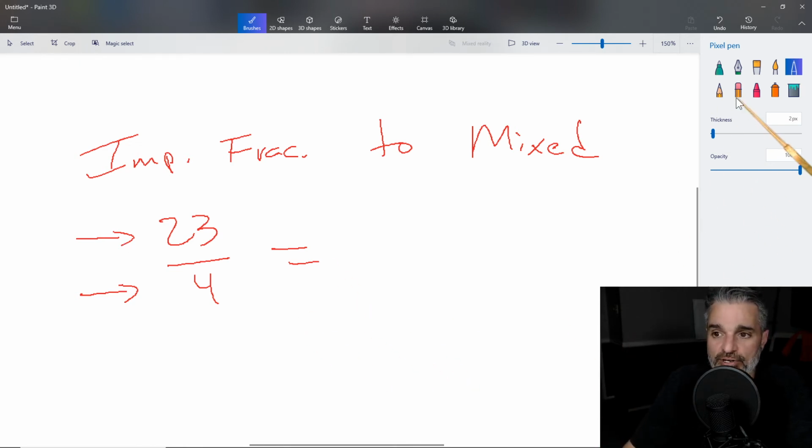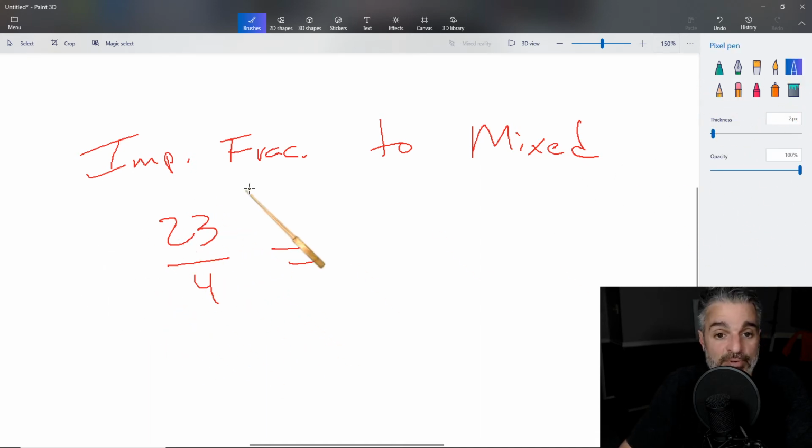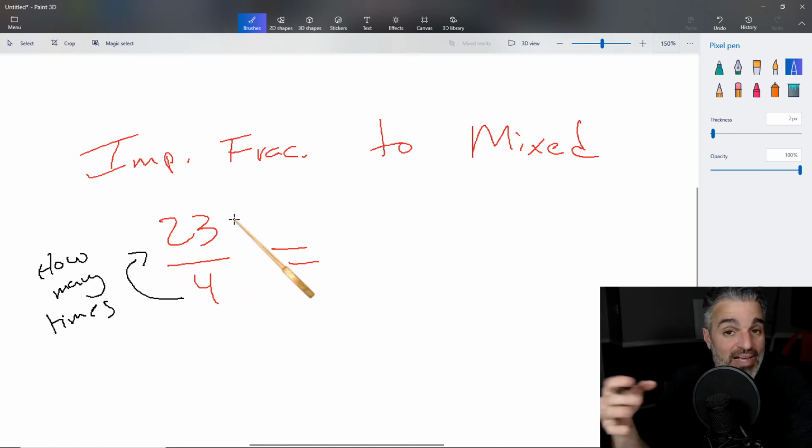So the steps here are, if you need to change an improper fraction to a mixed number, first, you ask yourself, how many times can I fit 4 inside 23? Well, if you know your facts, it's easy to do.